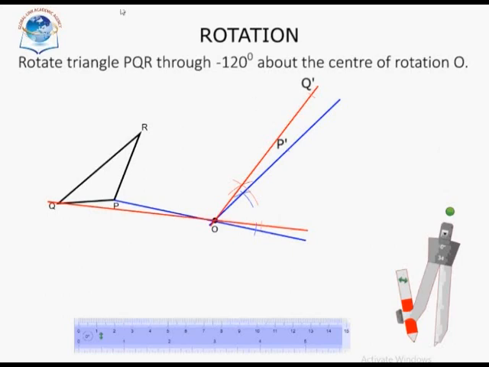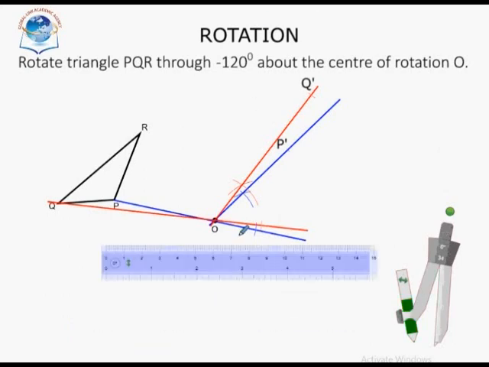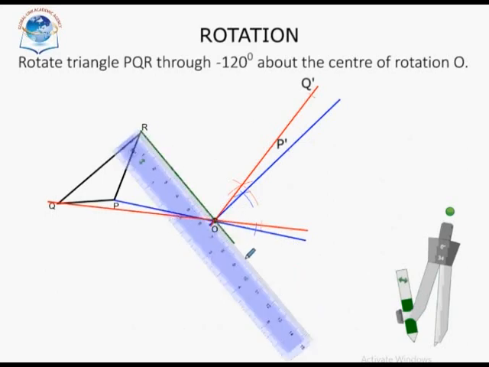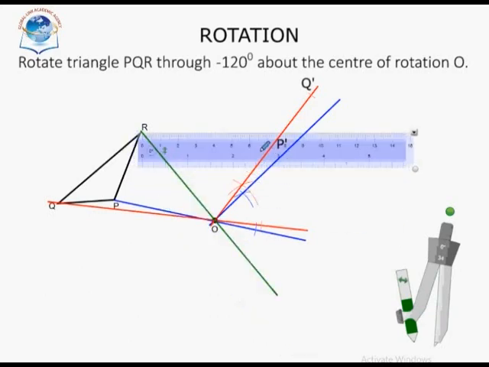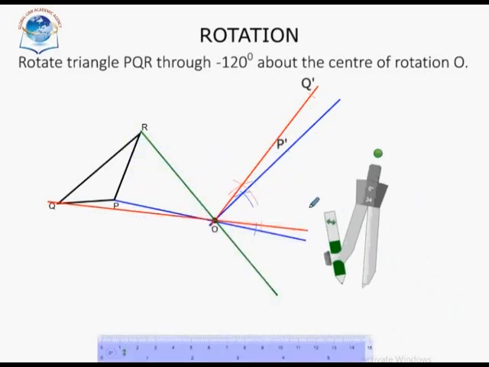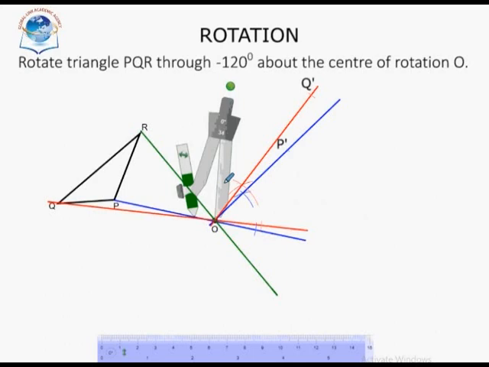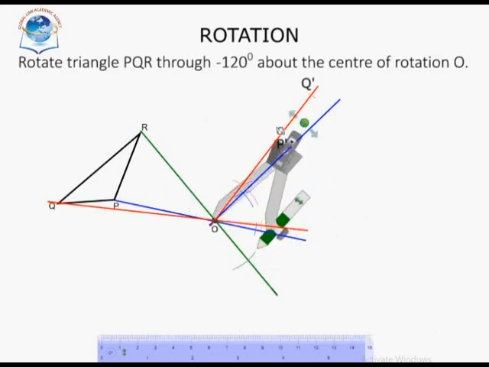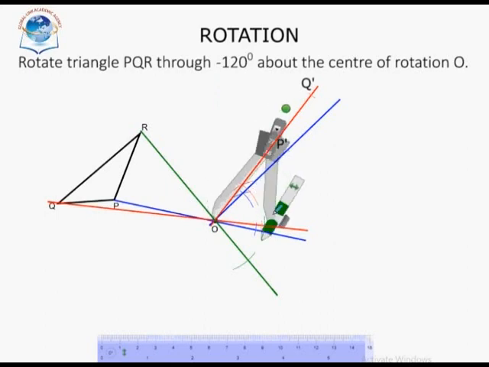Finally is point R. First, we join R to the center of rotation. Extend that line, and then at O, we construct 60 degrees. So place the compass here, mark an arc on the line, and again above it.